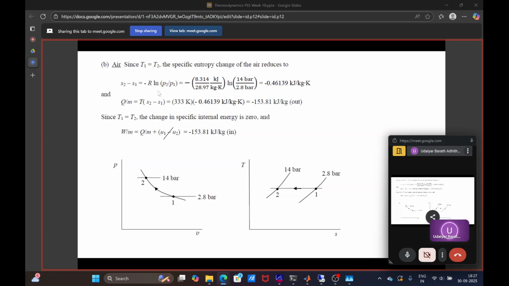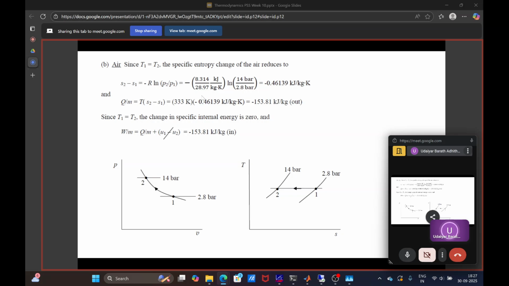So that gives you delta S to be minus 0.46139. Since now we know delta S, we can find out Q. Q is T delta S. So 333 Kelvin multiplied by your delta S gives you Q to be minus 153.81 kilojoule per kg.